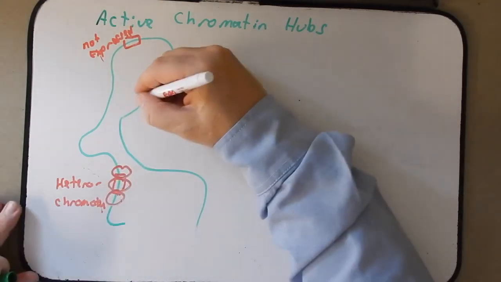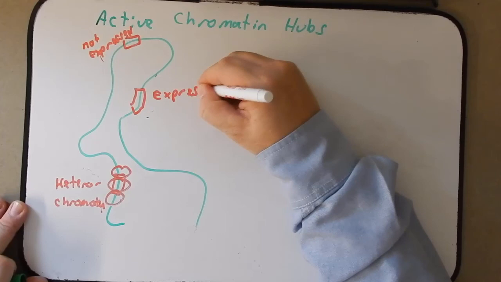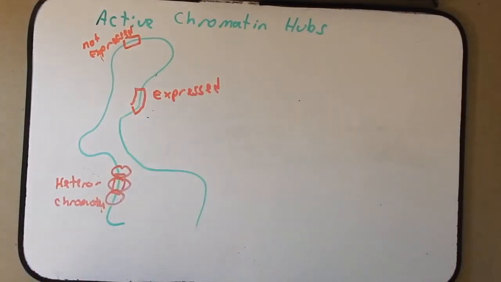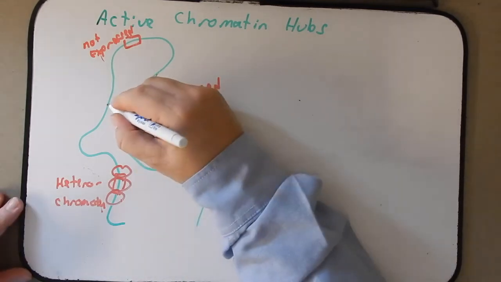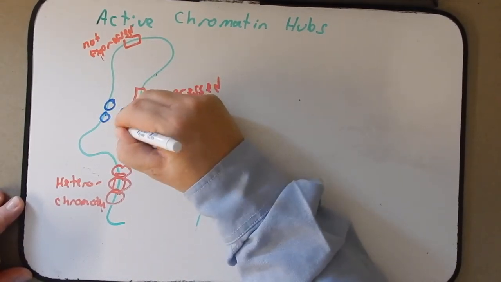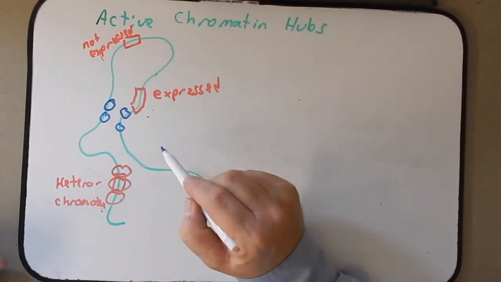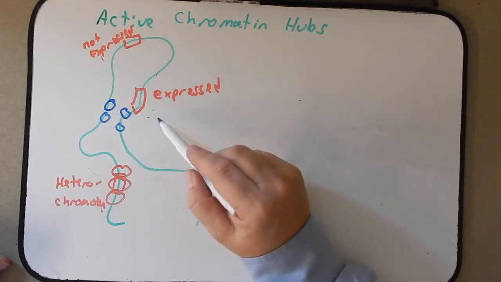We then may have a gene here that is expressed. And the reason it is expressed is because various transcription factors and chromatin modifying enzymes associate with these two regions of the chromatin. Distance-wise, they're a fair bit apart, but they are close to each other now.